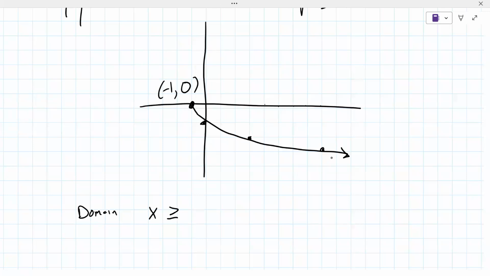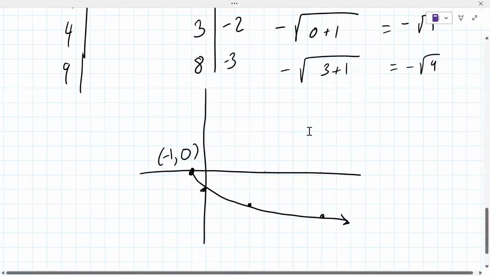What's the smallest x value? Let's go look at the table.